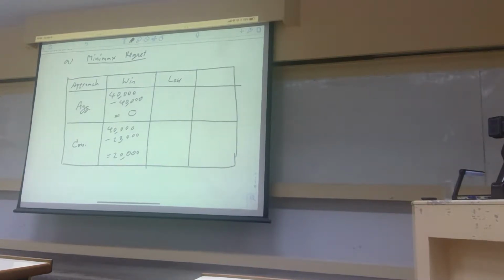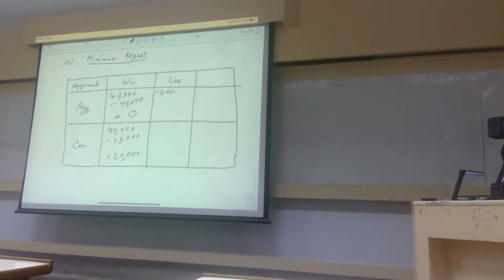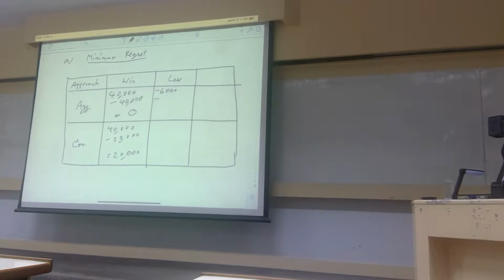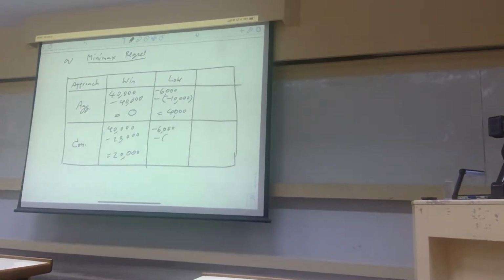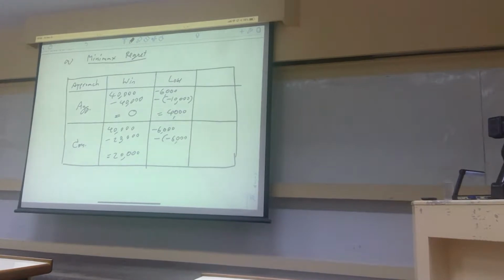In the case of losing, the highest payoff is minus 6,000. So we take minus 6,000 minus minus 10,000, and we have 4,000 for the loss. For conservative, it is minus 6,000 minus minus 6,000, so we have 0.